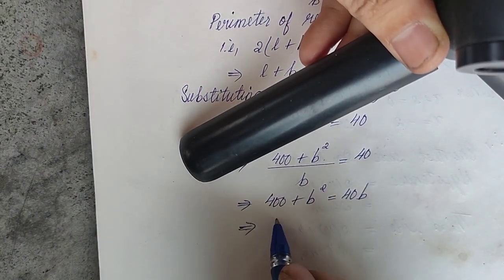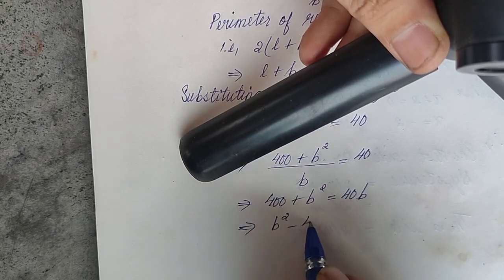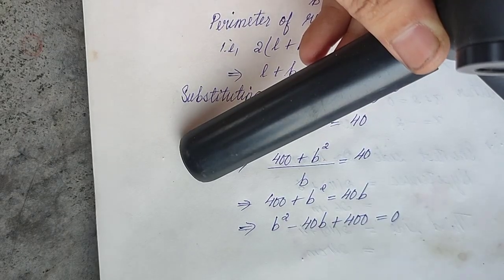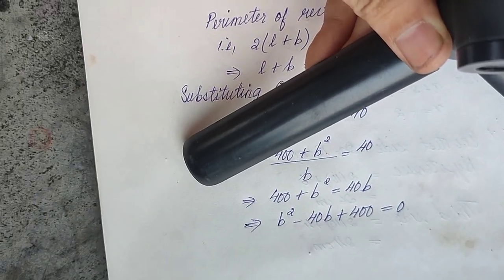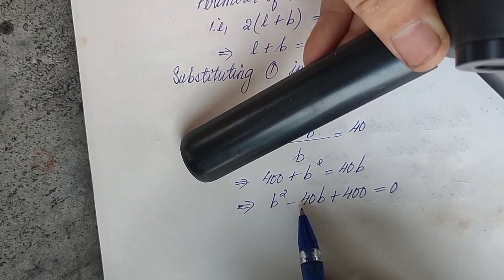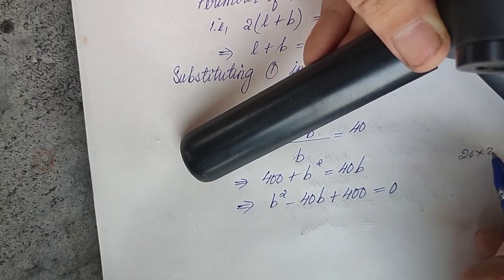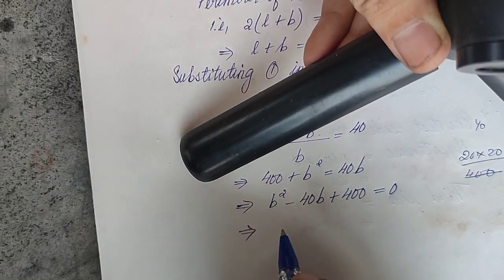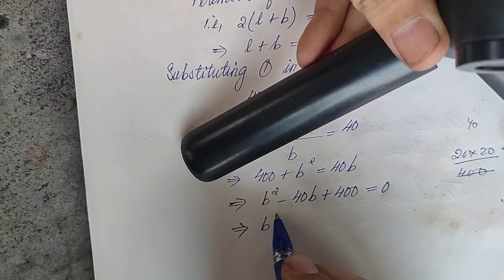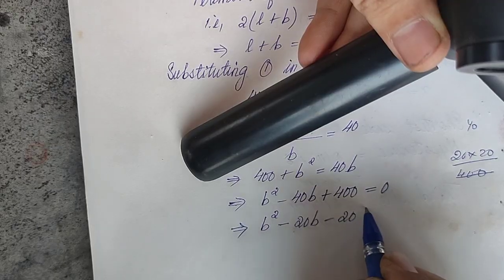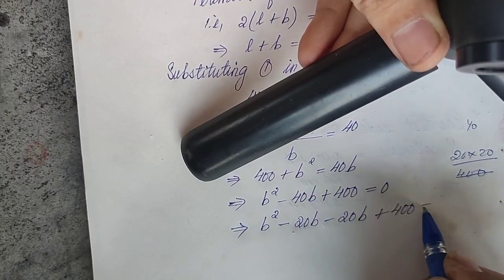We get a quadratic equation: B squared minus 40B plus 400 equal to 0. Splitting the middle term, the numbers are 20 and 20, since 20 into 20 is 400 and 20 plus 20 is 40. So B squared minus 20B minus 20B plus 400 is equal to 0.